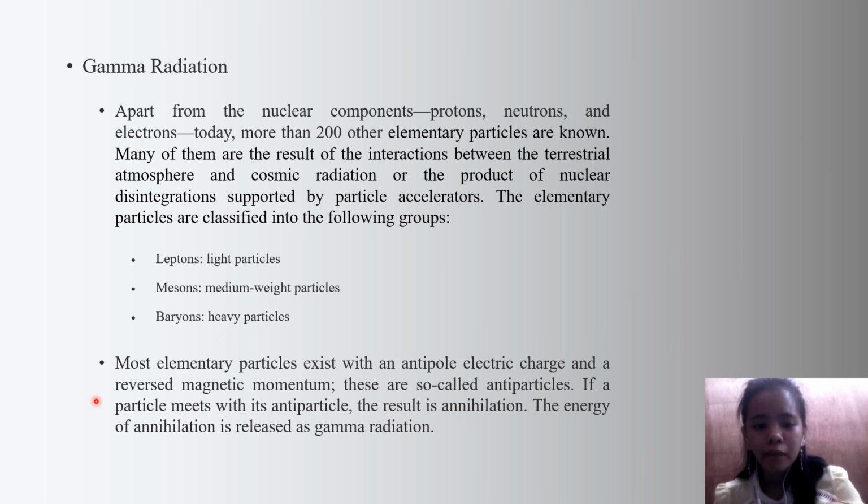Most of the elementary particles exist with the opposite electric charge and the reverse magnetic moment, and these are called antiparticles. If a particle meets with the antiparticle, the result is annihilation. The energy of annihilation is released as gamma radiation.